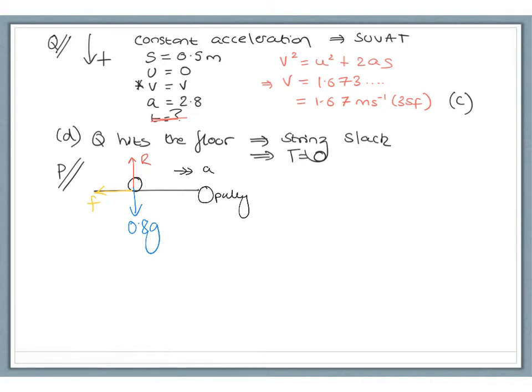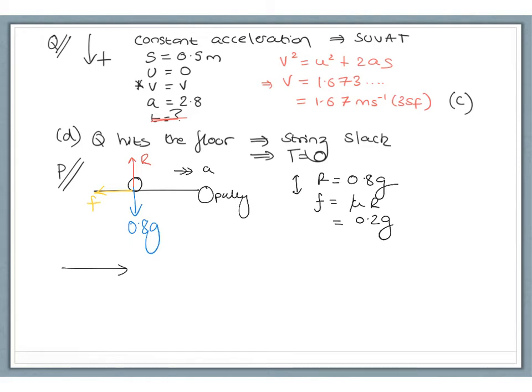But we have no tension force anymore. So let's look at the forces acting vertically. R is still equal to 0.8 g. F is still equal to mu R, which means it's the same frictional force as before, 0.2 g newtons. But what has changed is we no longer have any tension in the horizontal direction.